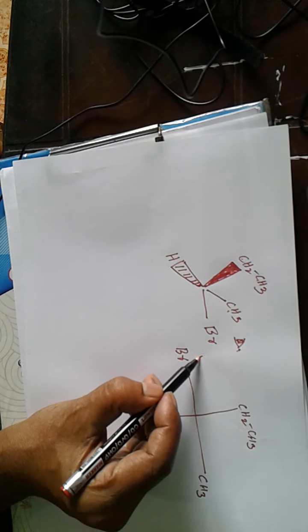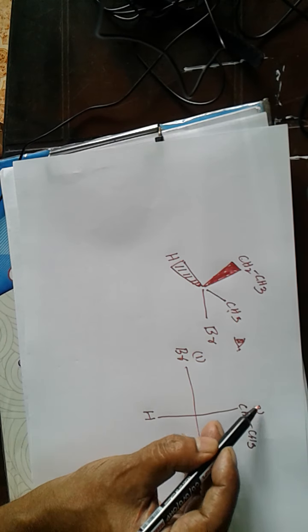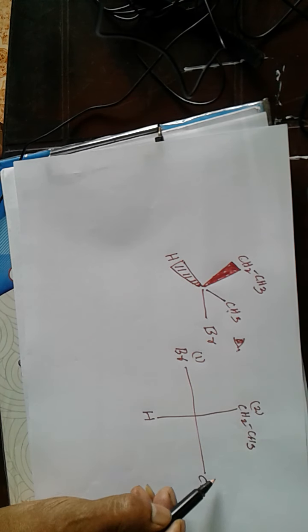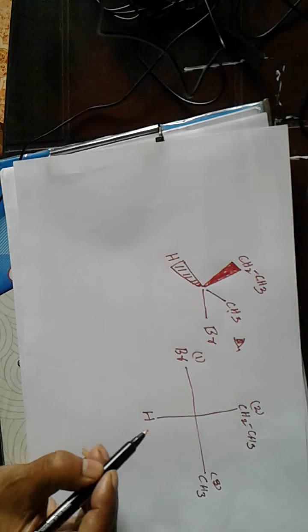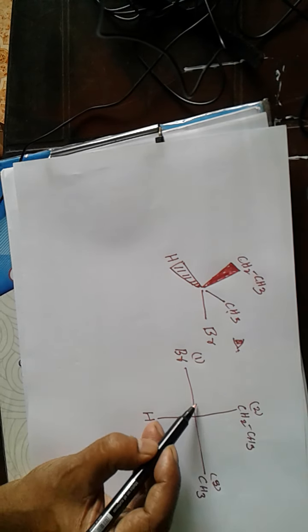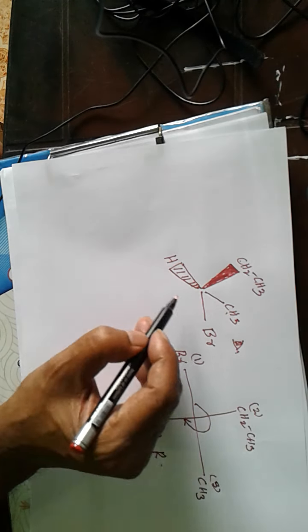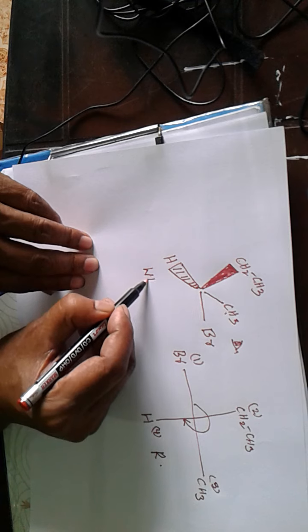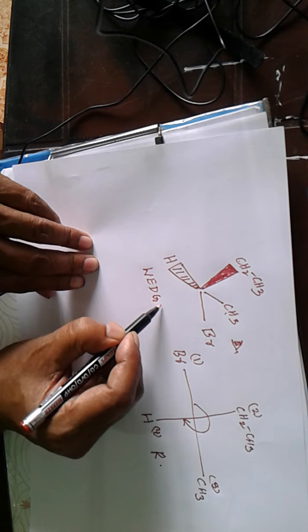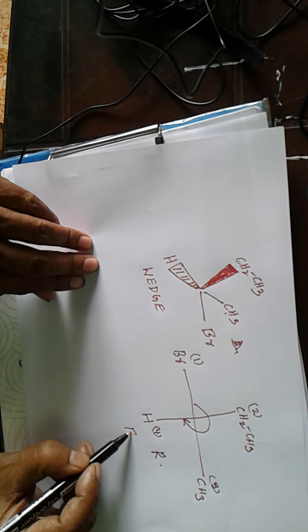Here preference 1 is given to bromine. Of course CH2CH3 gets preference 2, and this is 3 and this is 4, so it is clockwise and R. So the wedge formula can be converted to Fischer. This is wedge notation, this is Fischer.